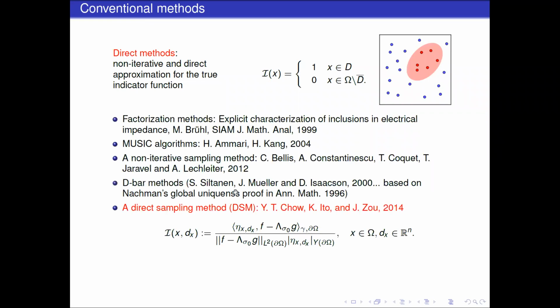There are many works in this family. For example, the factorization method, which is one of the major motivations for this research, and also the very famous D-bar method, which is based on the uniqueness proof, as well as other methods.